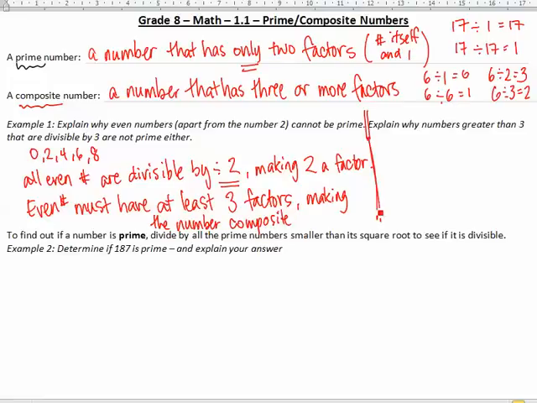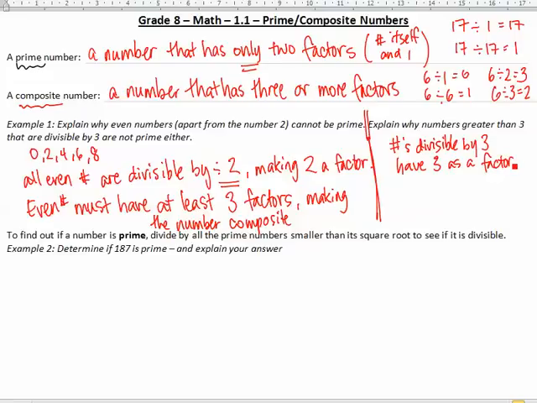Okay, let's look at the second half of the question. Explain why numbers greater than 3 that are divisible by 3 are not prime either. Well, this is actually kind of related to the first question, because even numbers are divisible by 2. Numbers divisible by 3 have 3 as a factor.